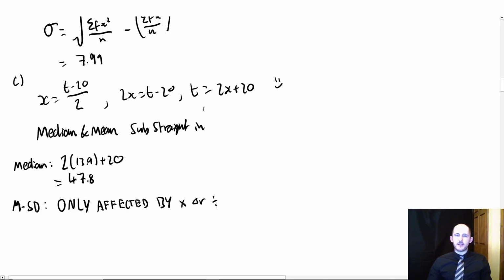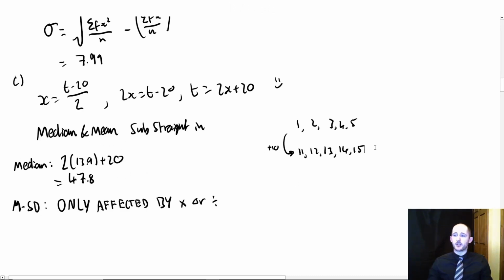If I add 20 to all data values, the average distance from each other doesn't change. So let's say we have 1, 2, 3, 4, 5, and now I'm going to add 10. Hopefully you can see that the mean and the median will change. The median was 3 and is now 13, and the mean is going to be 13 instead of 3. So it does change, hence we need to include it in our calculation.